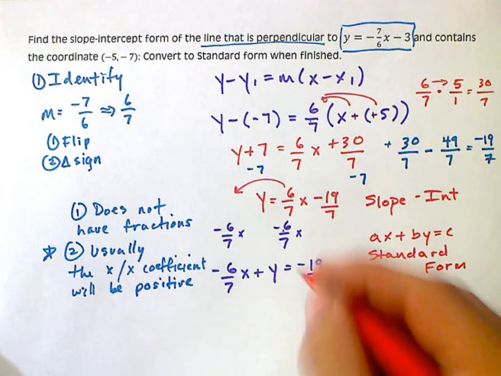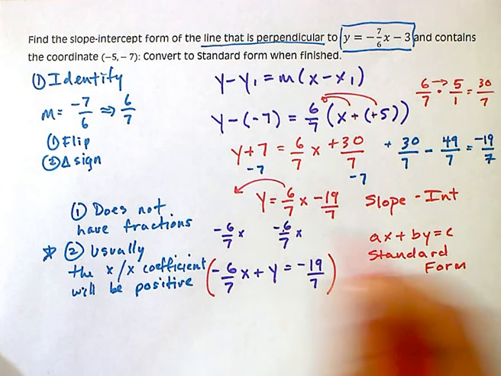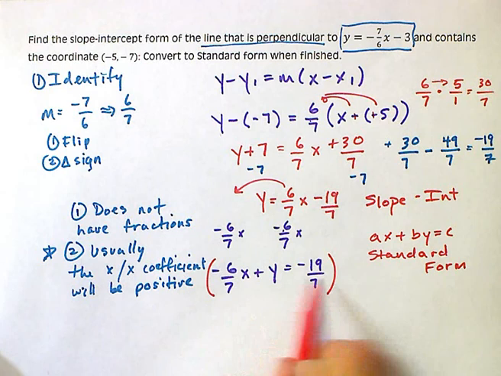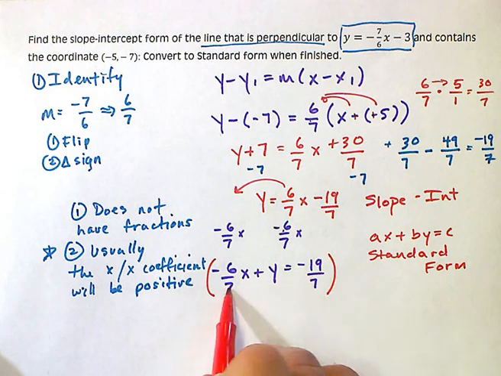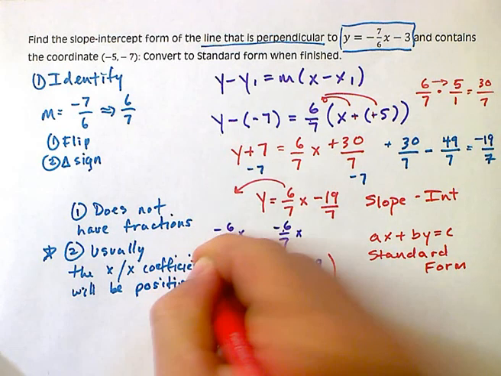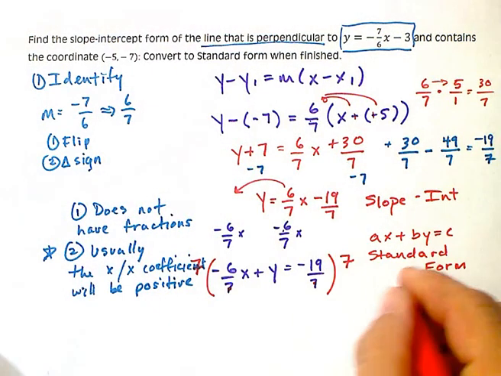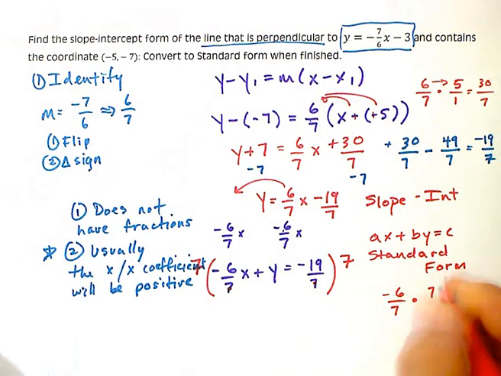Let's multiply this whole equation by 7. The reason I'm going to do that is because if I multiply by 7, I can actually eliminate the fractions. Think about it. Let me just multiply by 7 over here. If I did negative 6/7 times 7, I can cross reduce, and this becomes just negative 6.